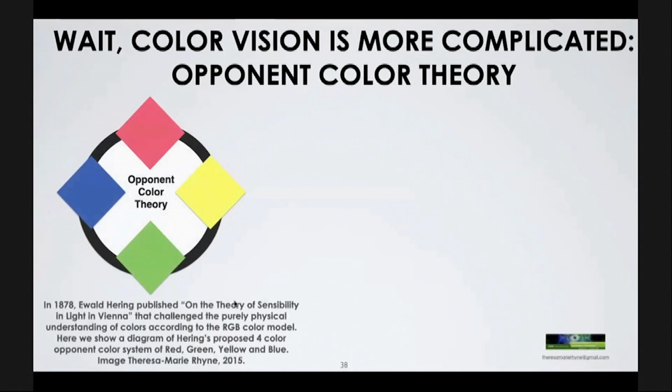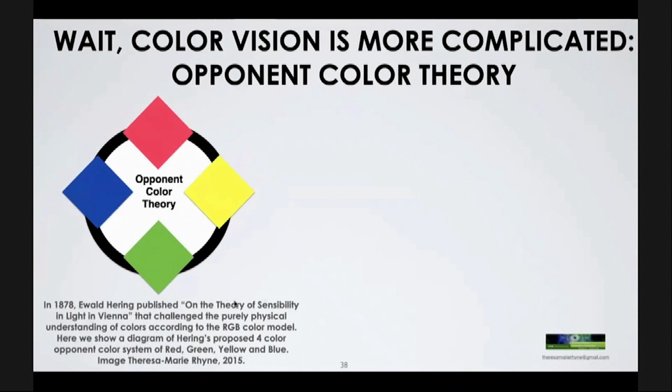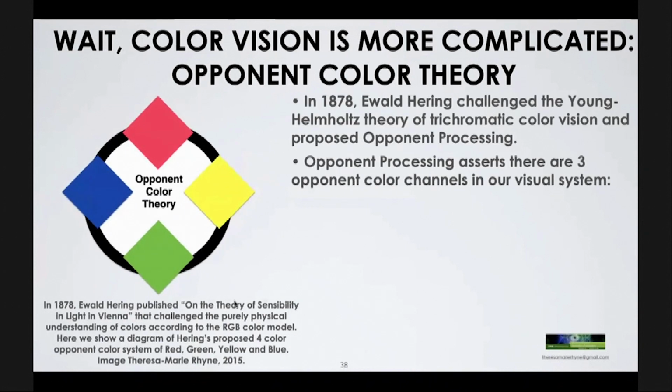Now, there was a guy, his name was Hering, who challenged Young and Helmholtz's theory. And he said, hey, I go out into the world now. I need you to think for me for a second, lights. So I'm about to say to you, red and green out in the world of lights.